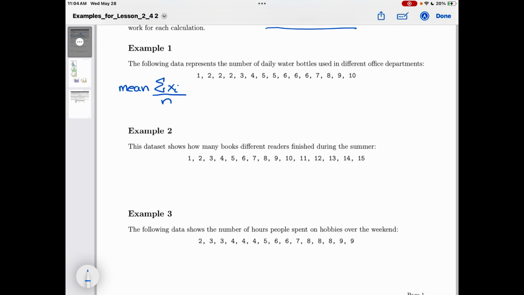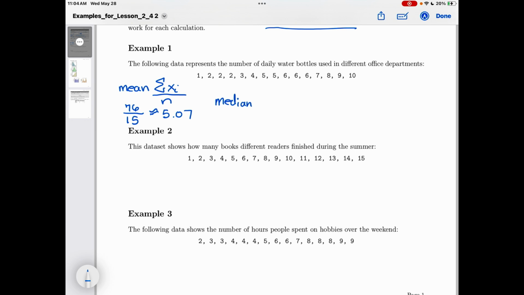If I add up all of these values, 1 plus 2 plus 2, etc., we get 76. Then we divide by 15, our n. When I take 76 divided by 15, I get approximately 5.07 when rounded to 2 places.